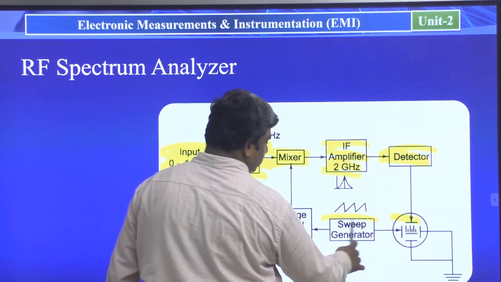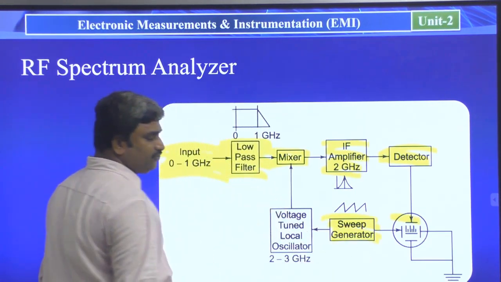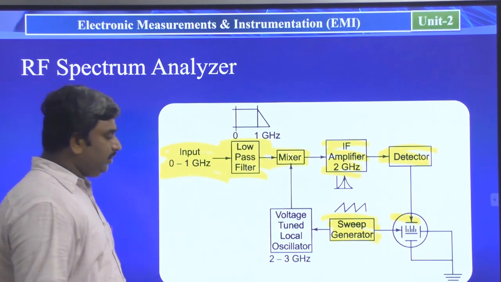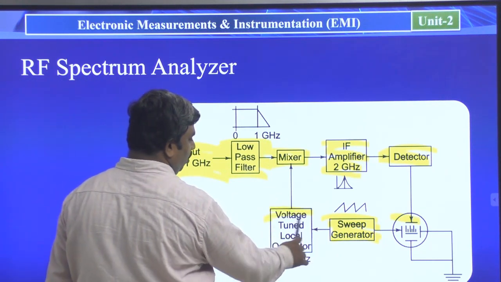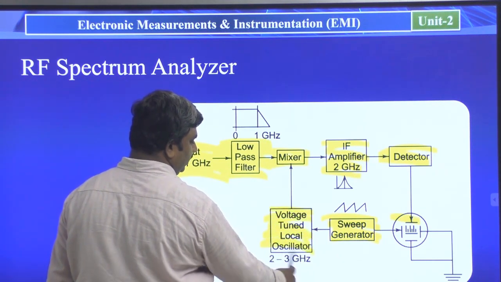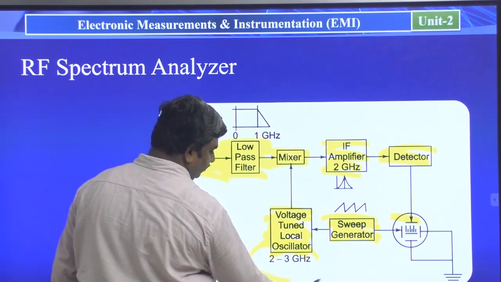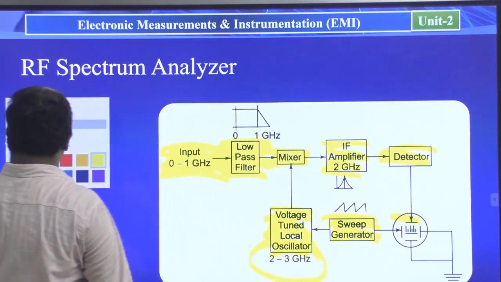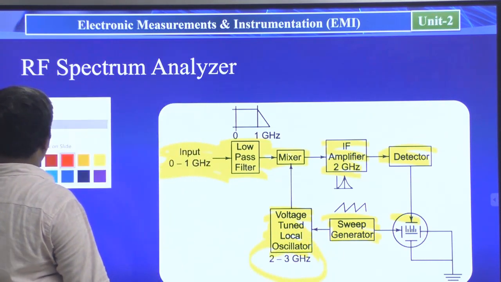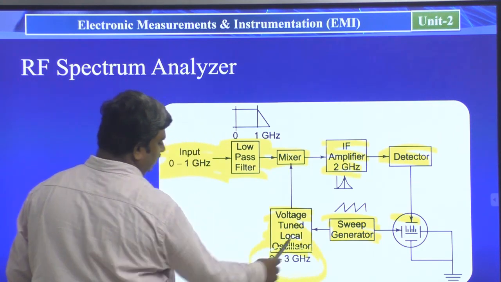Next, here we have the sweep generator. In place of a sawtooth generator, we are taking a sweep generator. Next, we have the voltage tuned local oscillator, which ranges from 2 to 3 gigahertz.